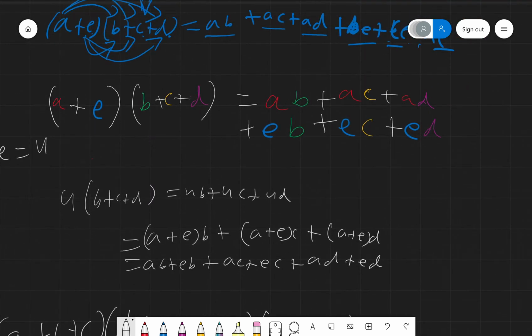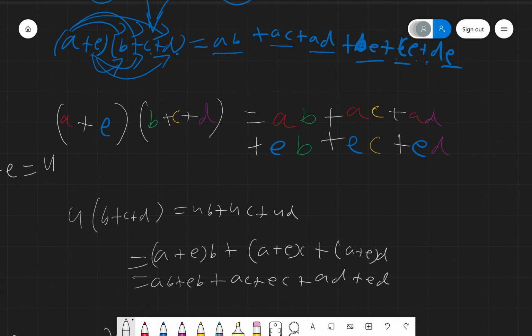So with this one, (A plus E) times (B plus C plus D), notice that in this one there's 2, in this one there's 3, and there's 6 terms, right? So 2 times 3 equals 6. And what else are we going to notice is that this first term goes with everything here, and the second term goes with everything here.